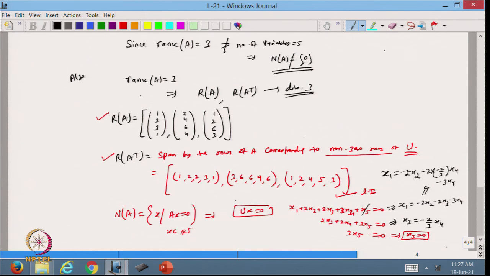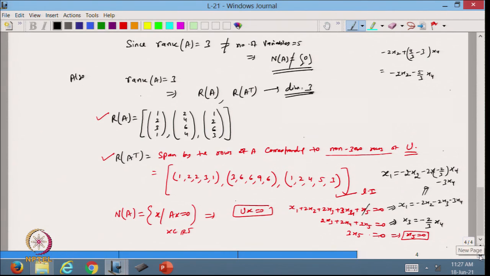So it is minus 2 x2, and it became 4 by 3 because it is 4 by 3 and minus 3. So, it is 4 by 3 minus 3 x4, and that gives me minus 2 x2. So, it is 4 minus 9, so it is minus 5 by 3 x4.